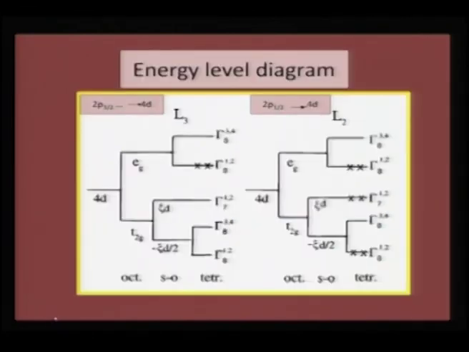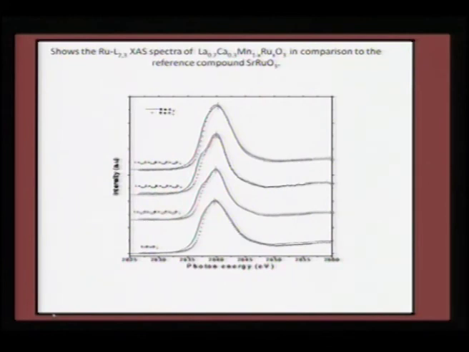about the different magnetic phase. I will quickly go through another example of a simple manganite, La0.7Ca0.3Mn1-xRuxO3. In this case, even if you keep on changing ruthenium, you can look at the L2 L3 edge and see how the nature of this X-ray absorption peak changes. For example, we can compare the L2 L3 edge with respect to strontium ruthenate, SrRuO3, because in SrRuO3 the valency of ruthenium is proven.